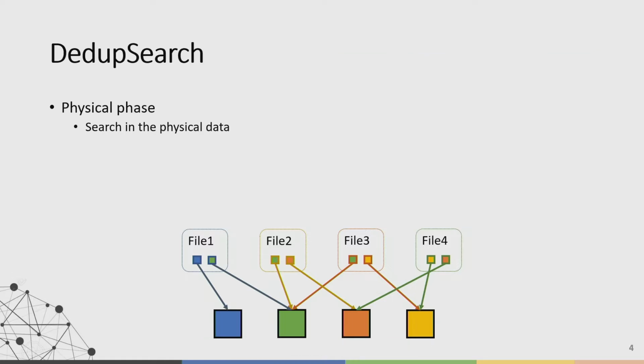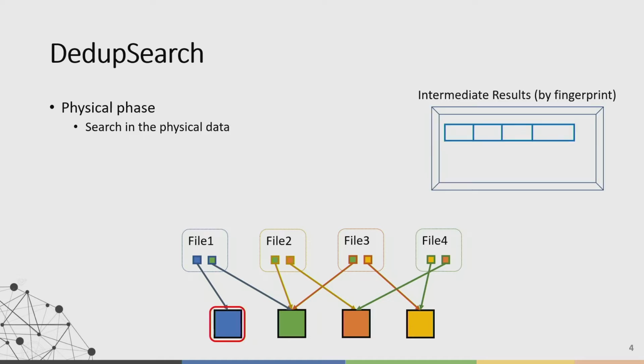So we thought of DedupSearch. We developed a better algorithm that is deduplication-aware to search for a keyword. DedupSearch has 2 phases. First, the physical phase. The physical phase focuses on the physical layer of the chunks stored in the system, and it scans chunk by chunk.